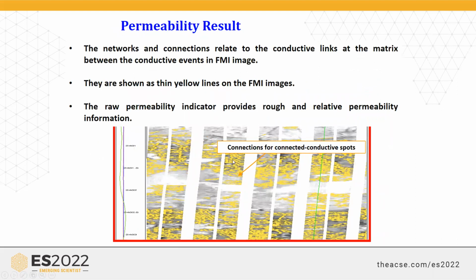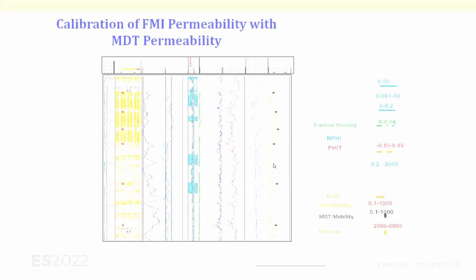Here you can see the network and connection related to conductive links at the matrix between conductive events in the FMI image. The yellow lines are what produce permeability for us, and this permeability provides rough and relative permeability information.